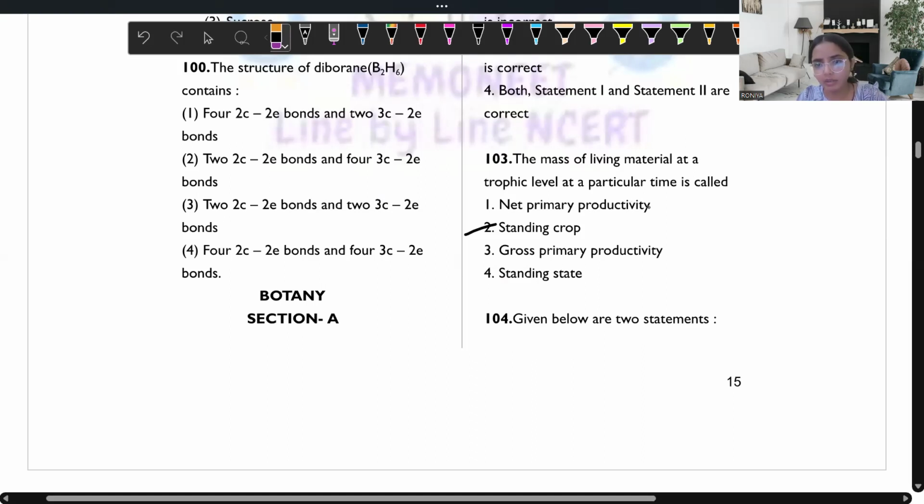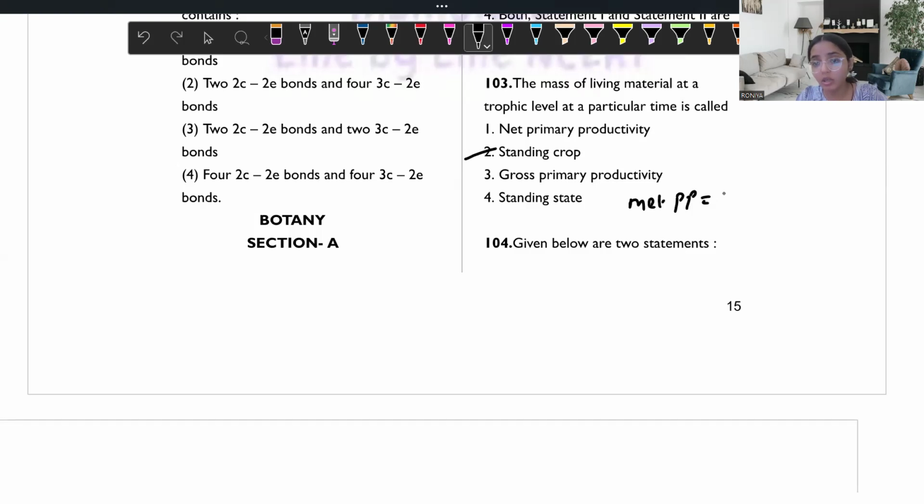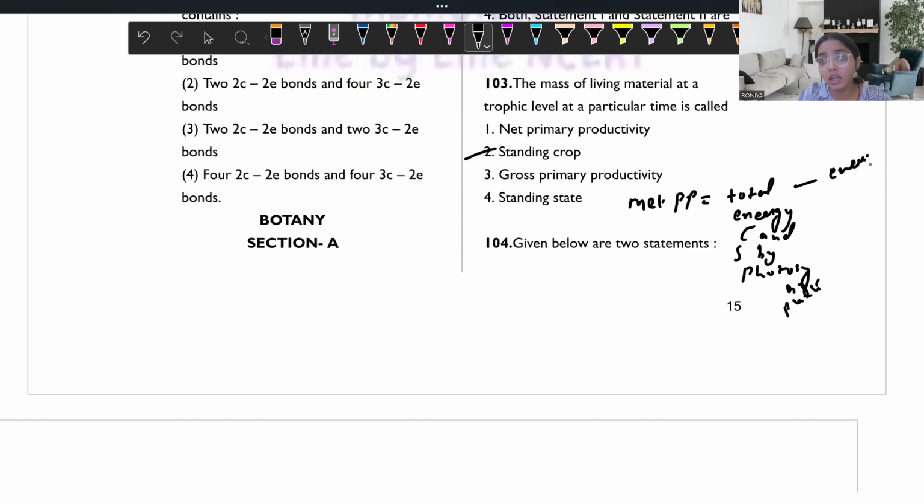Net primary productivity refers to the total amount of energy captured and stored by photosynthesis by plants, minus the energy required by plants for respiration.